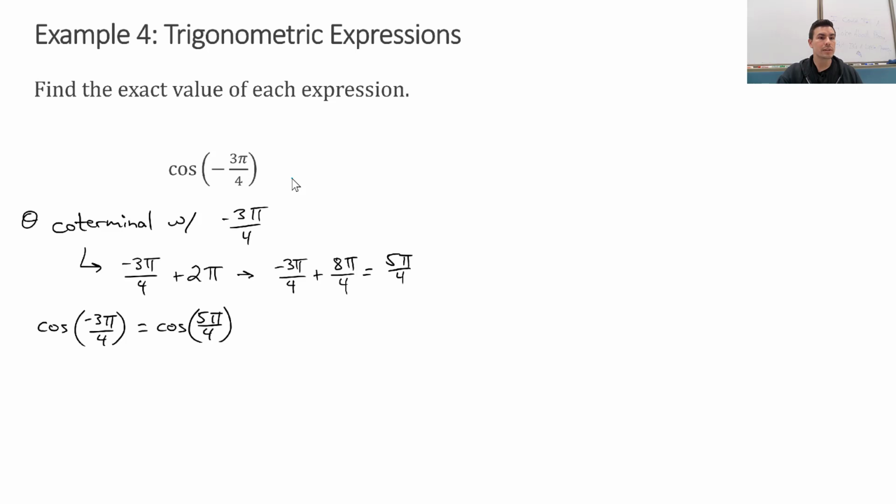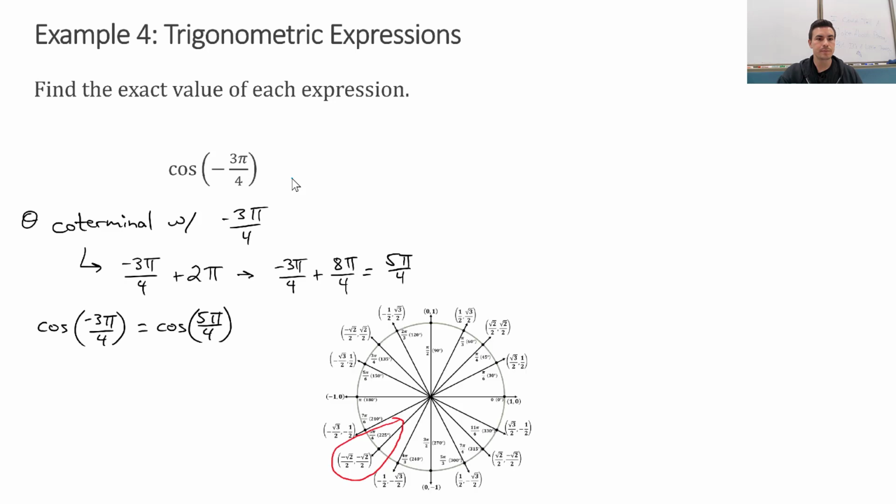Okay, so what we're saying here is that the cosine of negative 3 pi over 4 is equal to the cosine of 5 pi over 4. And that is because it has these repeating function values for cosine, because it is a periodic function. So we can then take a look at our unit circle, and I can identify our angle of 5 pi over 4, or 225 degrees, but we're working in radians here, so 5 pi over 4.